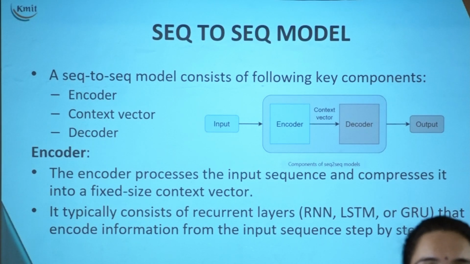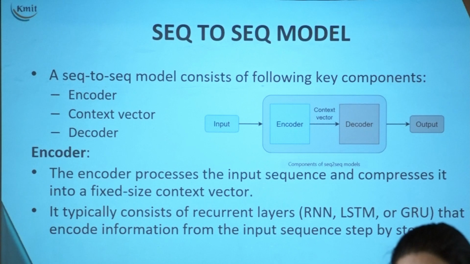Let me put it into simple terms. Take the example of language translation. Hi, I am Priyanka. That is taken as an input by the encoder. It summarizes everything. The entire sequence will be compressed and summarized into one context vector which contains information about that sequence. So the encoder's work is to get a context vector, getting all the context of what was inside those sequences of sentences.